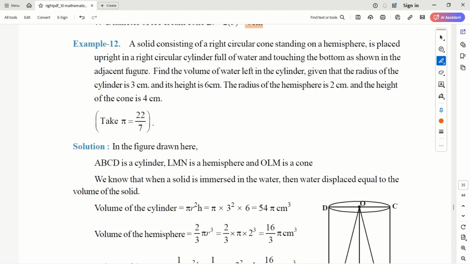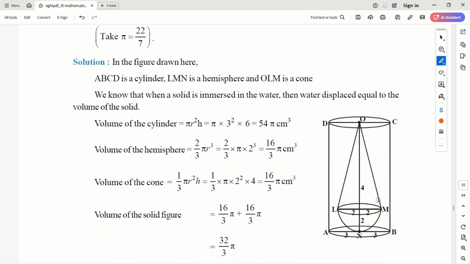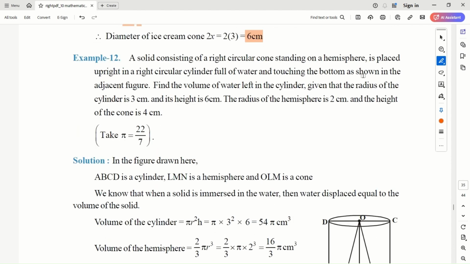Next example. A solid consisting of a right circular cone standing on a hemisphere, this one standing on a hemisphere here, is placed upright in a right circular cylinder full of water.